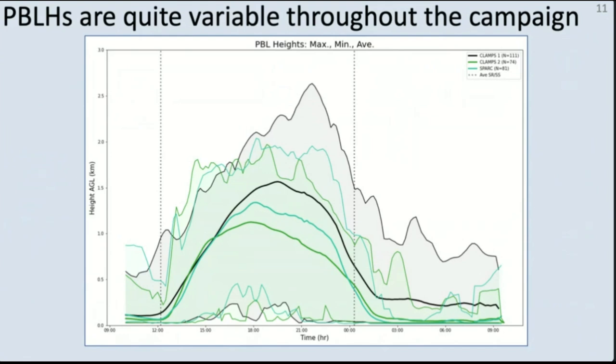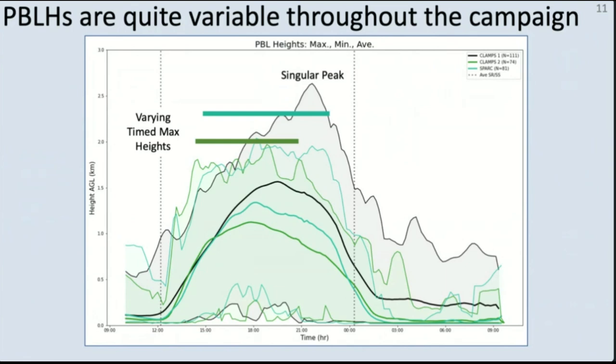This also helps us shed light on how variable the Clamps 2 and Sparks heights could be, where the maximum height could be reached anytime within a span of several hours, rather than the more singular peak timing of PBL height seen at Clamps 1.